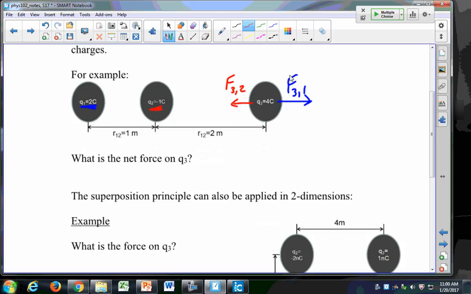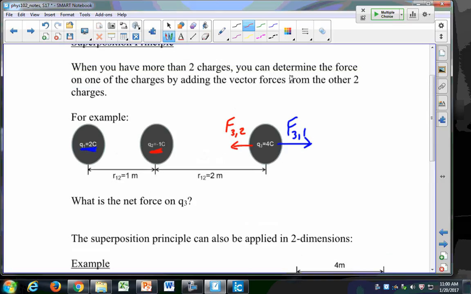All right, so what is the net force on Q3? Well, now our next step will be to find the magnitude of F31 and the magnitude of F32. So F32 is going to be K Q3 Q2 over R squared. That's going to be the distance between particle 3 and 2. I'll give you just a minute.